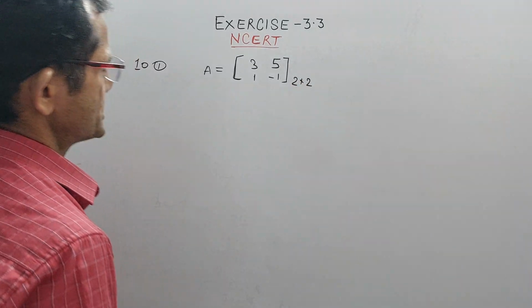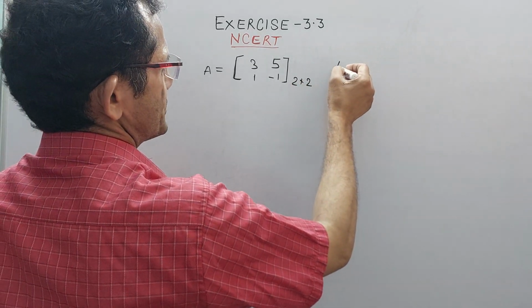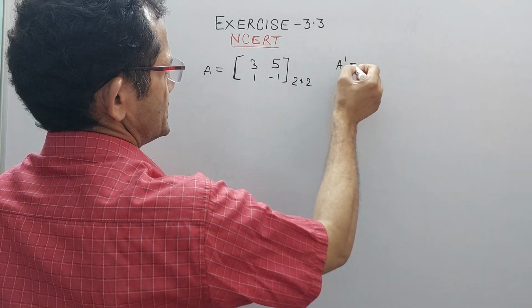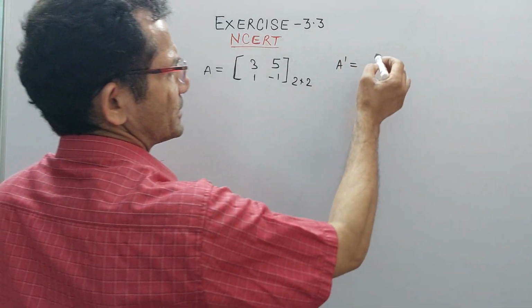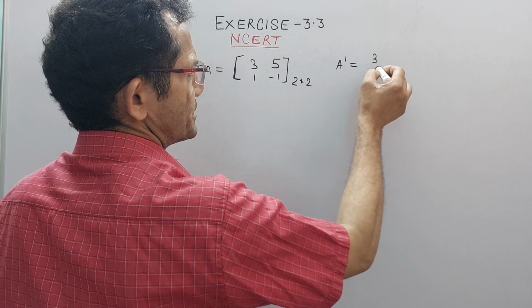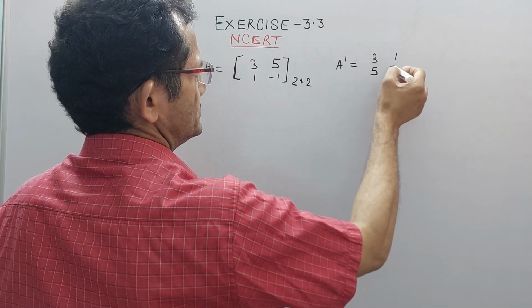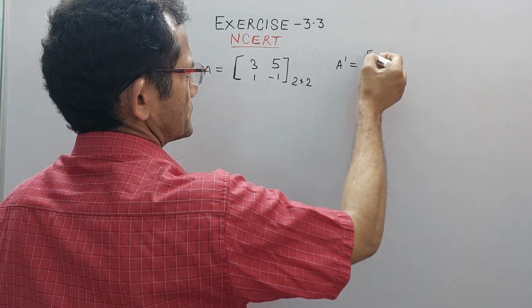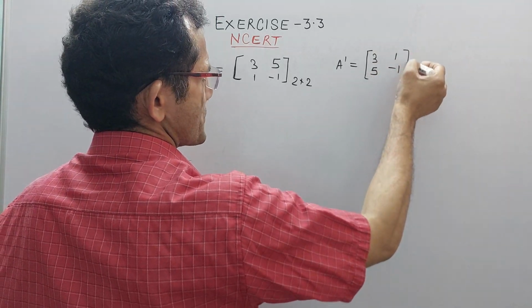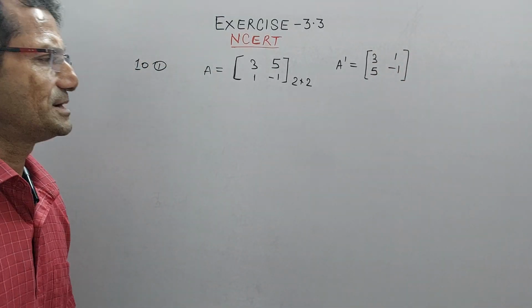The transpose of A will be 3, 1 in the first row and 5, minus 1 in the second, since the first row becomes the first column and the second row becomes the second column. Yes, this is our transpose of A.